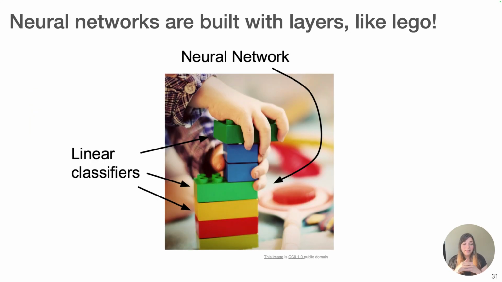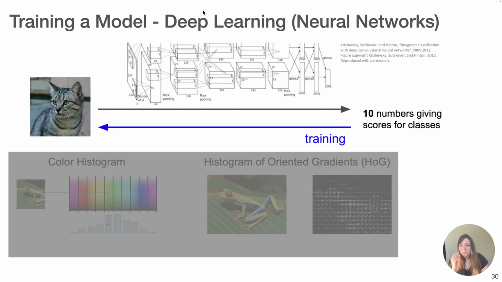Another cool thing about neural networks or deep learning is that it works a bit like Lego. So you put layers on top of each other and you build your algorithms this way. This example is from one of the original convolutional neural networks that actually made amazing progress in the field of computer vision.